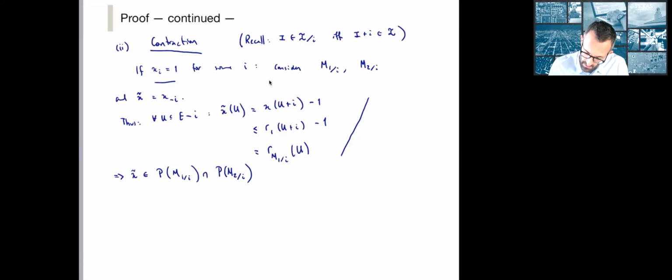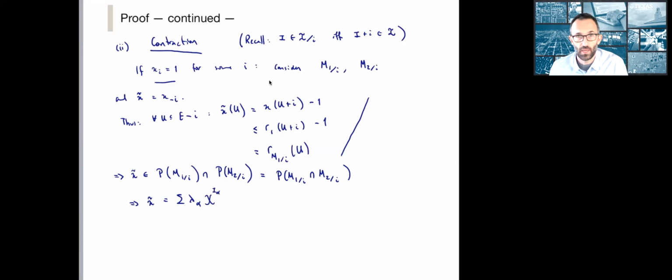And by induction, this is equal to the intersection of P of M1 contracted i and P of M2 contracted i. So this means that x tilde can be written as a convex combination of common independent sets of the contracted matroid, common independent sets on the ground set E minus i.